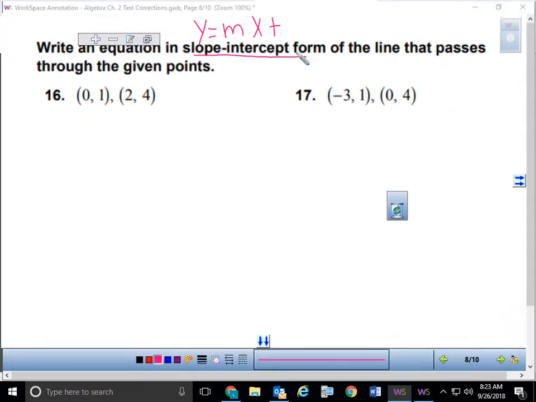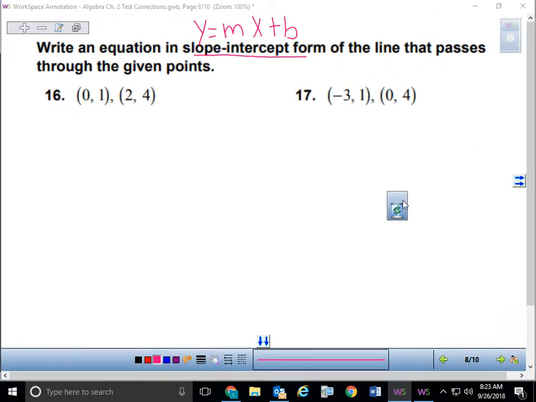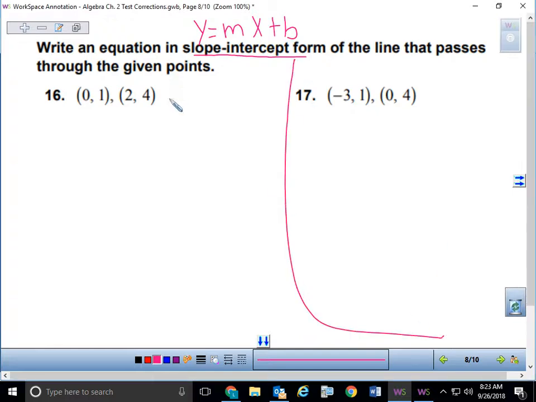So the first step, find your slope. I have 2 points here, so I'm actually going to use my formula for slope, where I have m equals y2 minus y1 over x2 minus x1. Doesn't matter which one you label, it's x1, y1, and x2, y2.